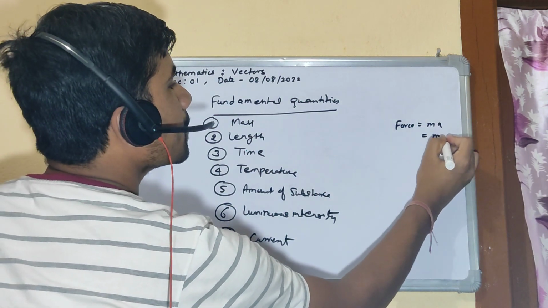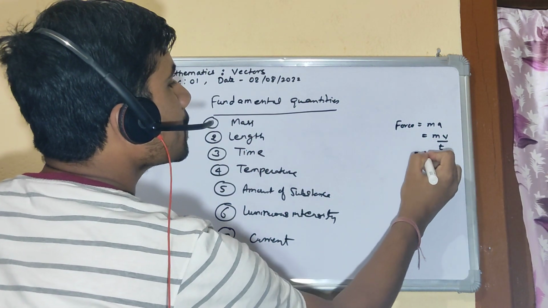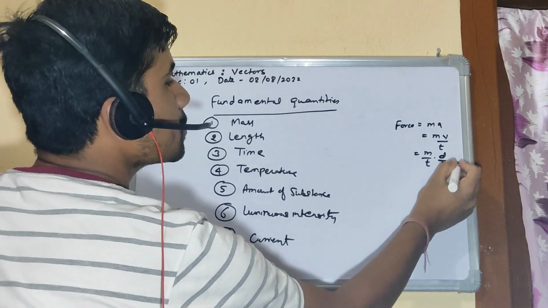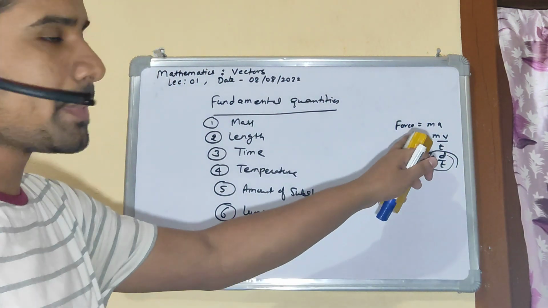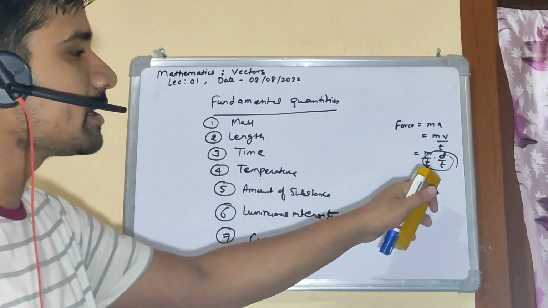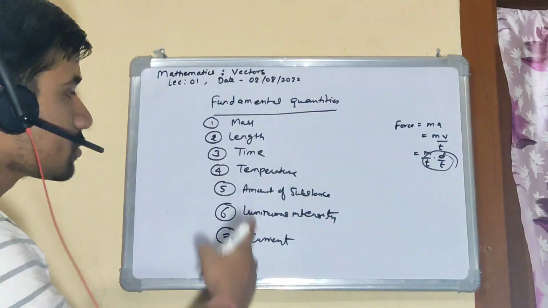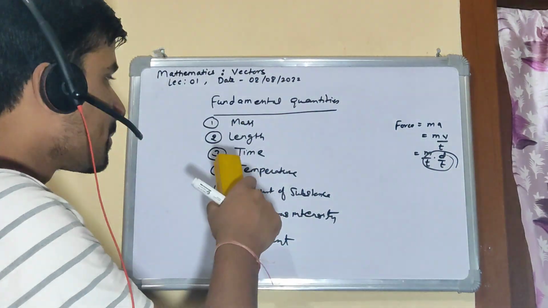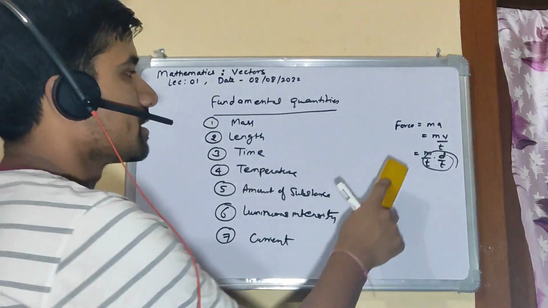Acceleration is nothing but velocity by time, and velocity is nothing but displacement by time, right? So again, if you see, we have mass, length or distance, and time, which are fundamental quantities. There are only seven fundamental quantities. Rest all quantities can be derived from these seven fundamental quantities, right?